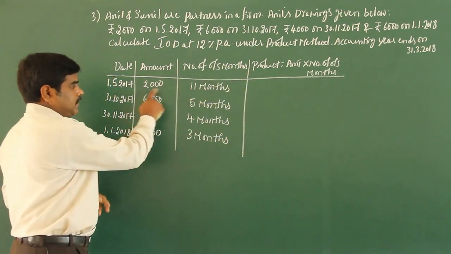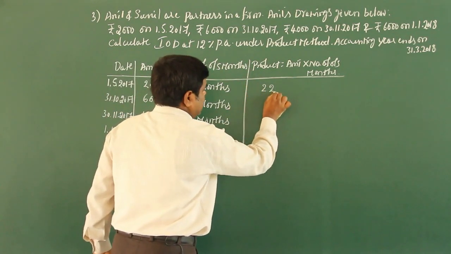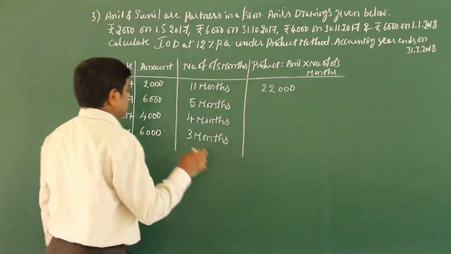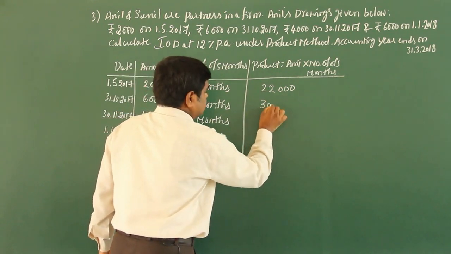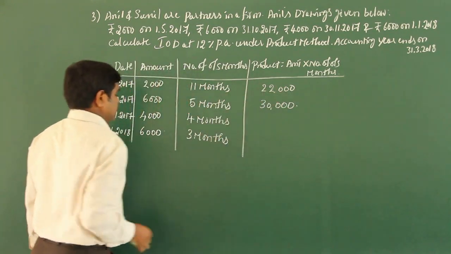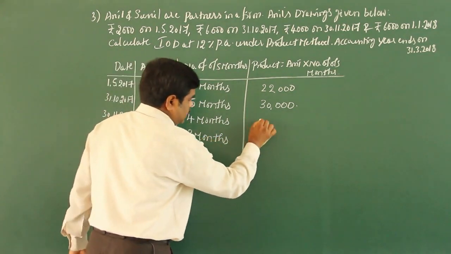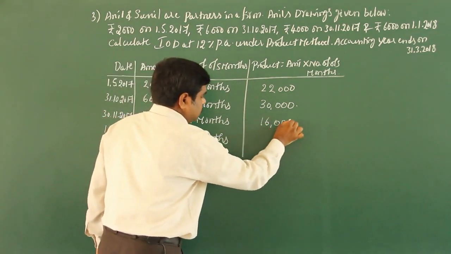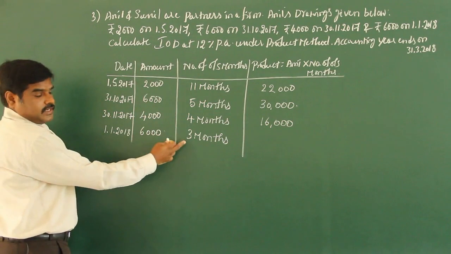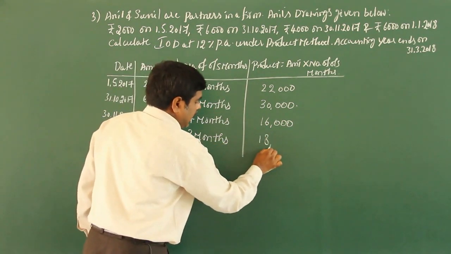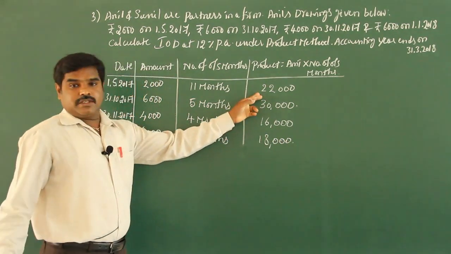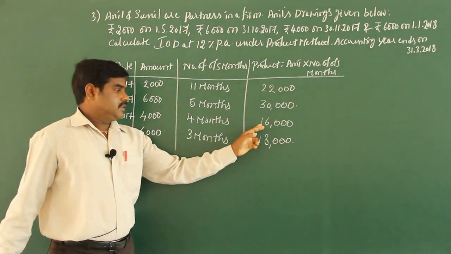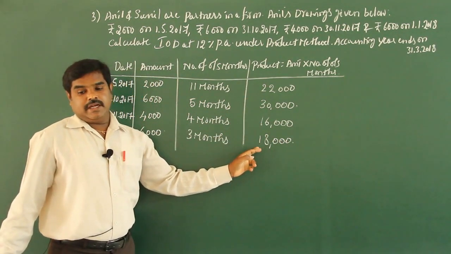Now multiply: 2,000 into 11, 22,000. 6,000 into 5, 30,000. 4,000 into 4, 16,000. 6,000 into 3, 18,000. So the products are 22,000, 30,000, 16,000 and 18,000.